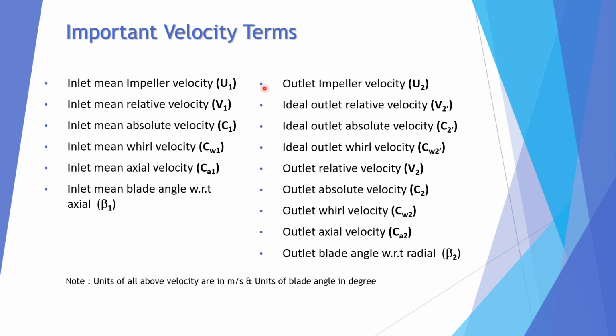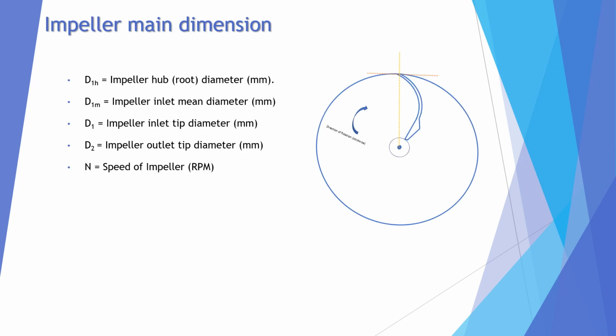At outlet: impeller velocity or tip velocity u2, ideal outlet relative velocity v2 dash, that is without consideration of slip factor, ideal outlet absolute velocity c2 dash, ideal outlet whirl velocity cw2 dash, outlet relative velocity v2, outlet absolute velocity c2, outlet whirl velocity cw2, outlet axial velocity ca2, outlet blade angle with respect to radial beta 2.